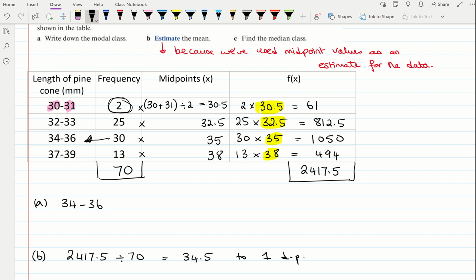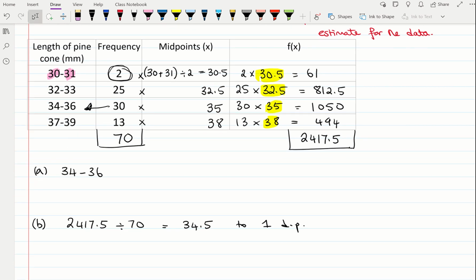And then for the last one, it says find the median class. When it's grouped data, we're going to use 70 plus 1 as well. So 70 plus 1 over 2. And that is going to give us 71 divided by 2, which is 35.5. So I'm looking for the 35th value.